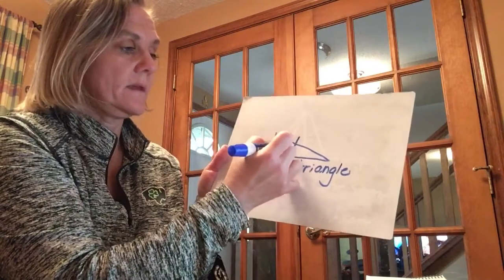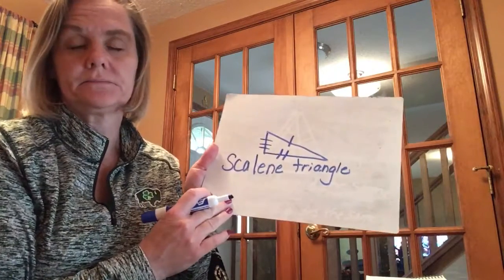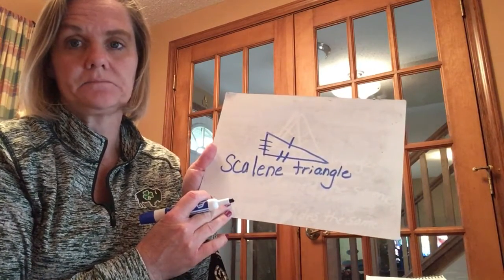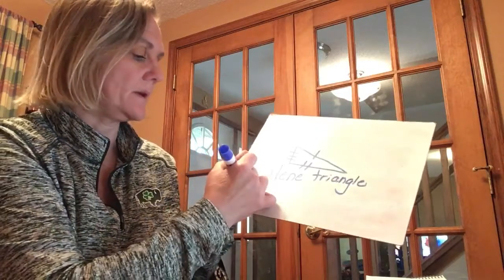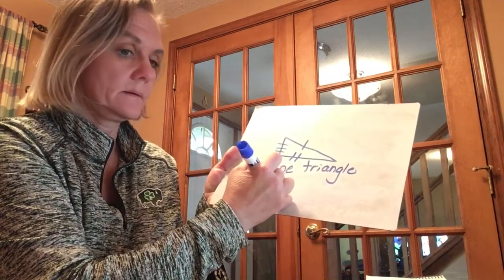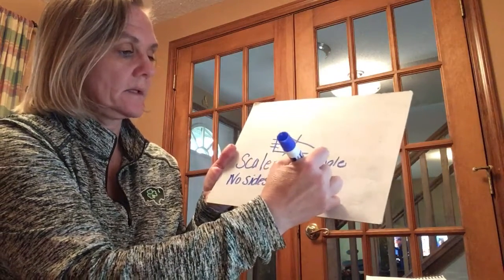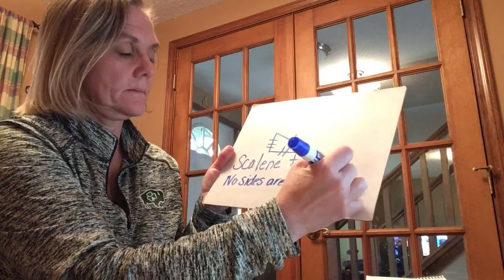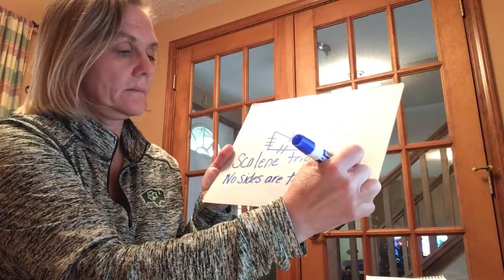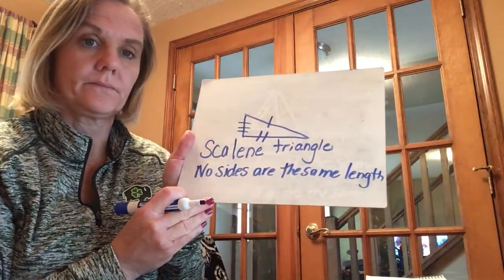So you'd have one length here, a different length here, and then a different length here. So it shows like that. And this means that no sides are the same length. All right.